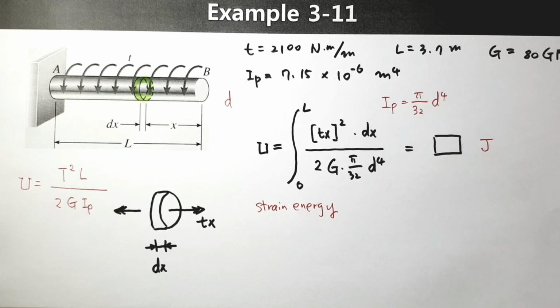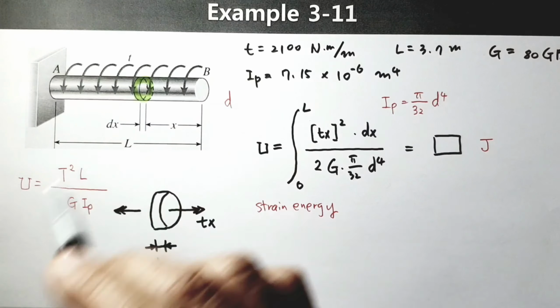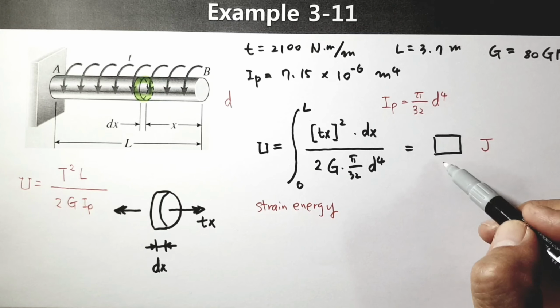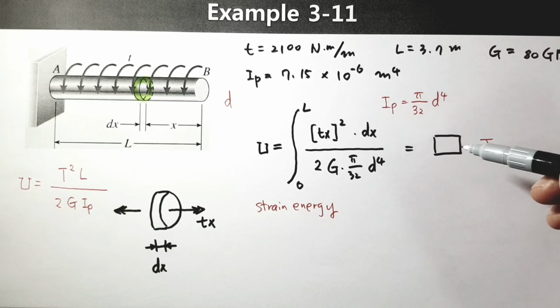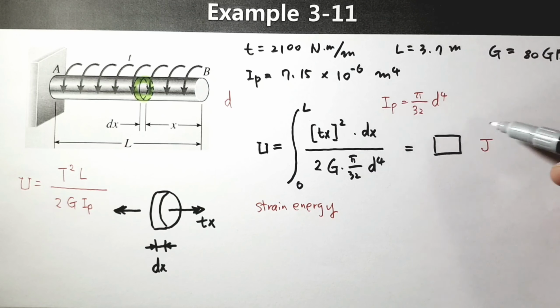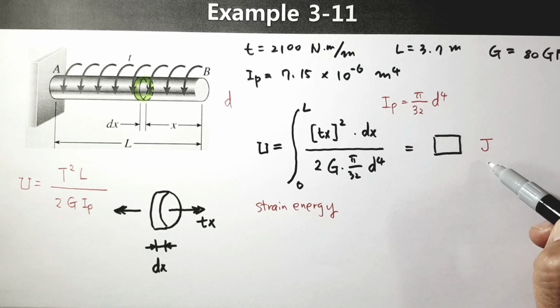In this case, we dealt with finding the strain energy for the total system. When you calculate the final value, you can substitute all values there. Then finally you can calculate the result, which is expressed in joule.